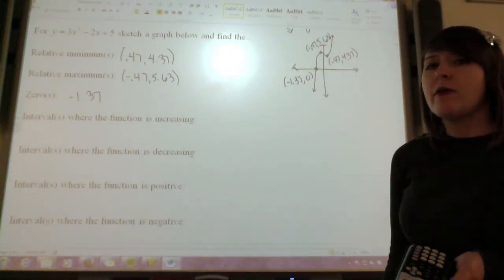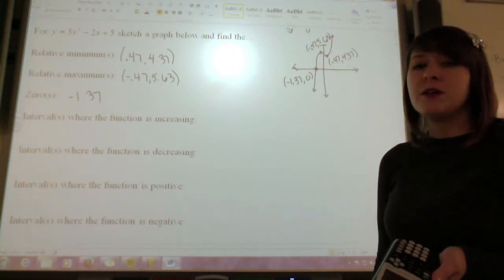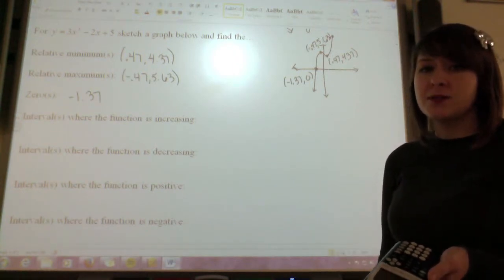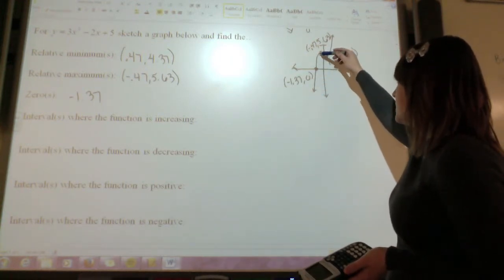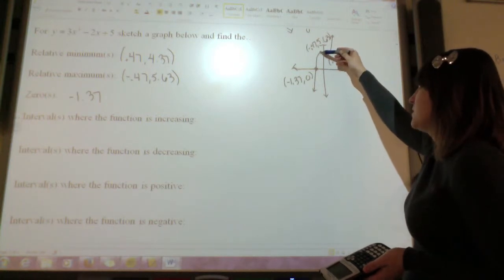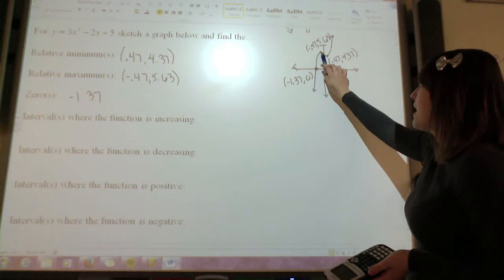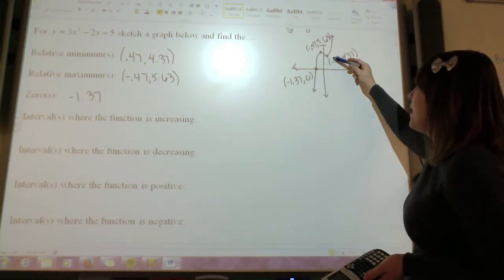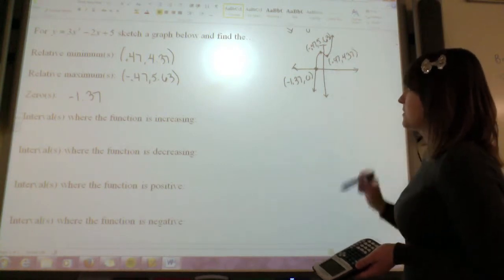Alright, so now if I want to find intervals where the function is increasing, remember, increasing is talking about where I have a positive slope. So, looking for the places where I have a positive slope, all the way up into this maximum, I have a positive slope, but right in between my maximum and my minimum, I have a negative slope. And then, after my minimum, I also have a positive slope.